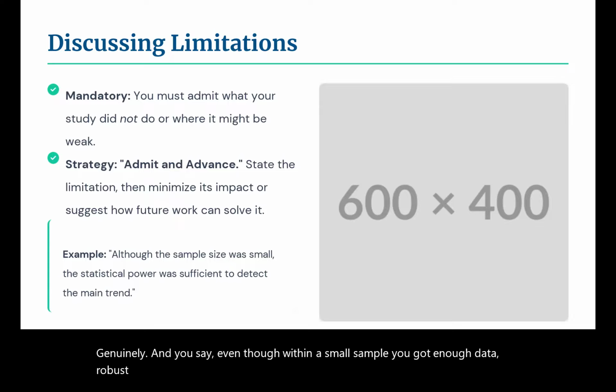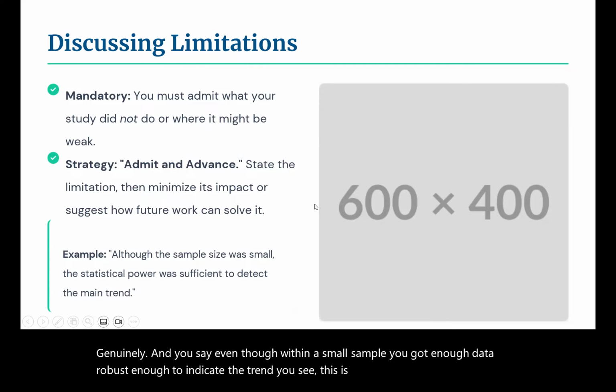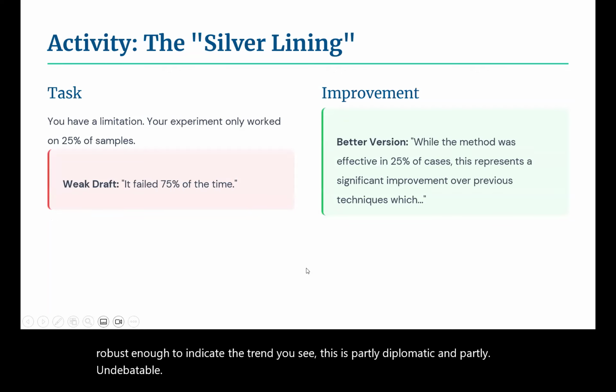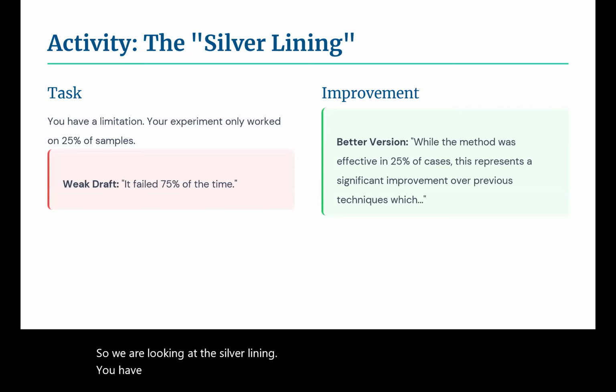You see, this is partly diplomatic and partly undebatable. So, we are looking at the silver lining. You have a limitation. Your experiment only worked on 25% of the samples.